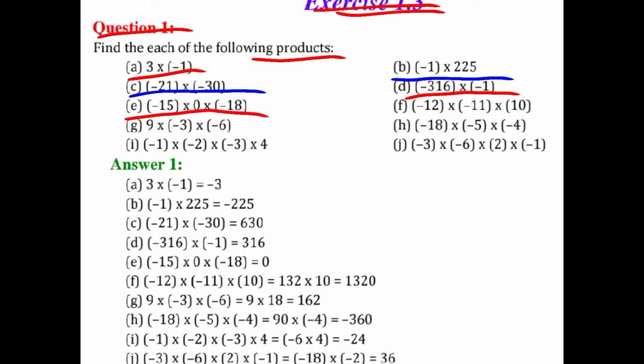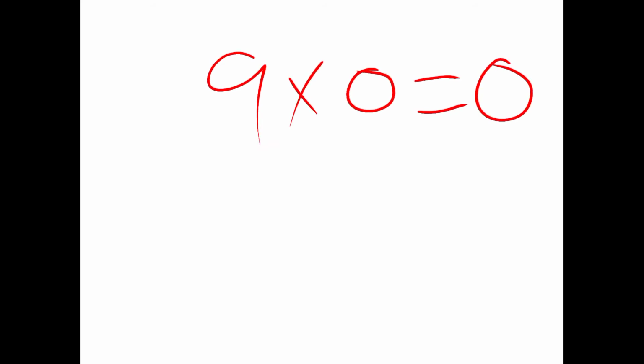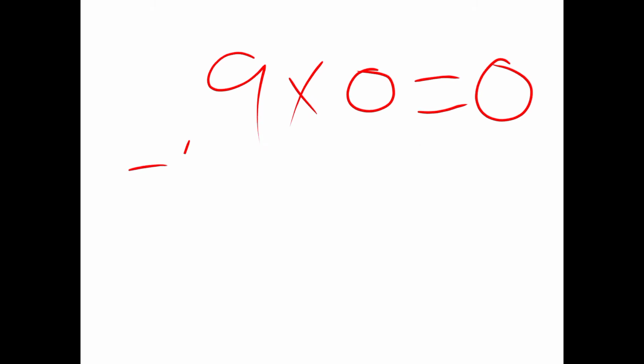Here you know that any number when multiplied with 0 results in 0. Same is the case with this part, minus 15 into 0 into minus 18.